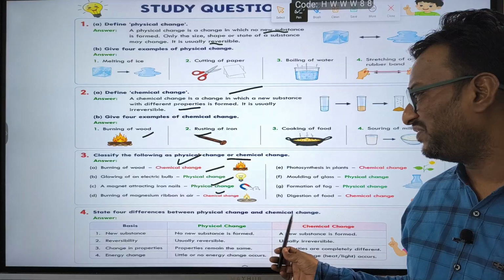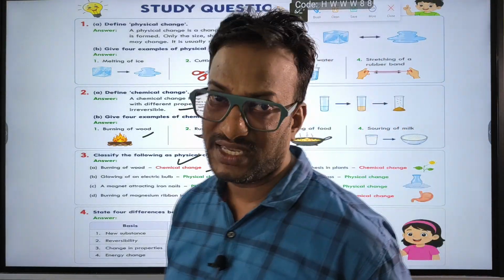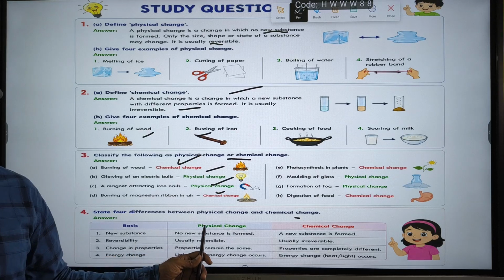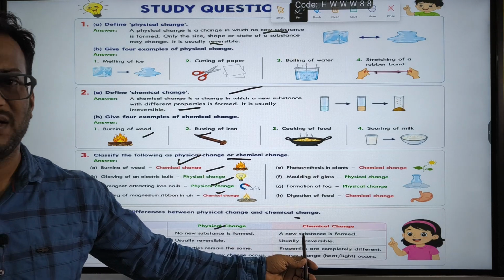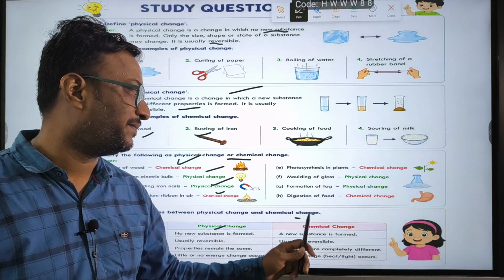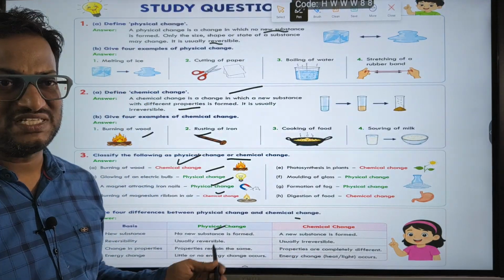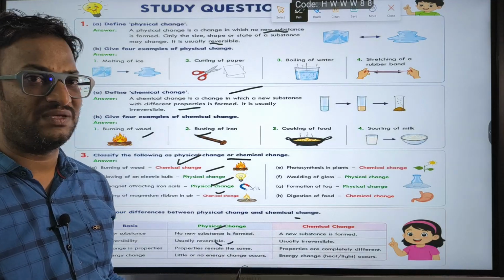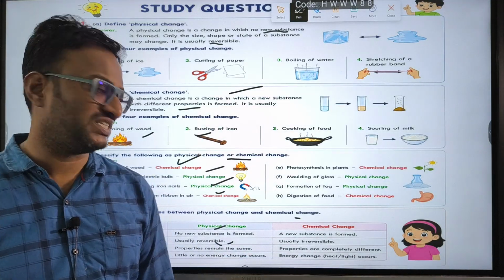State 4 differences between physical and chemical changes. See, on the basis of new substance formation: in physical change no new substance is formed, and a new substance is formed in case of chemical change. Reversibility: usually physical changes are reversible and chemical changes are irreversible.